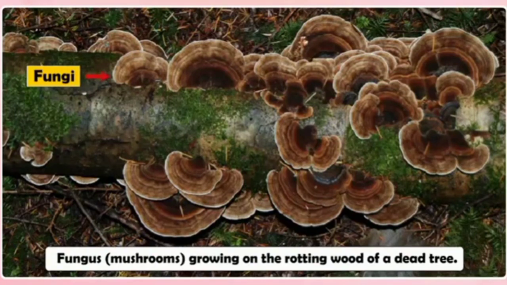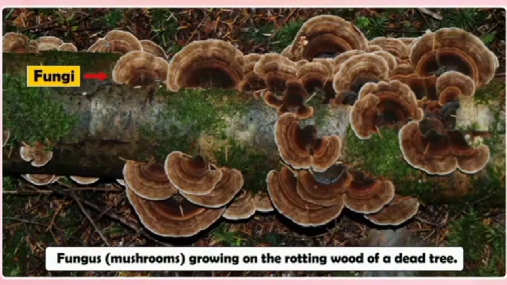So they feed on the dead wood. This is an example of saprotrophs. Saprotrophic mode of nutrition means those organisms derive their food from dead, decaying organic matter. So bacteria and fungi are the major examples of saprotrophs.